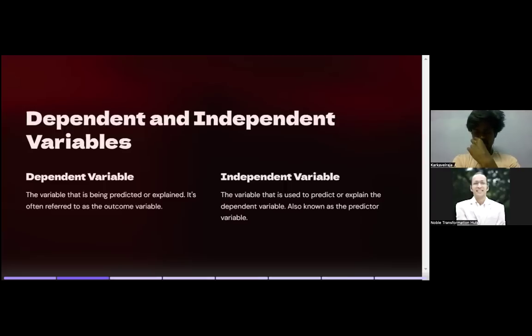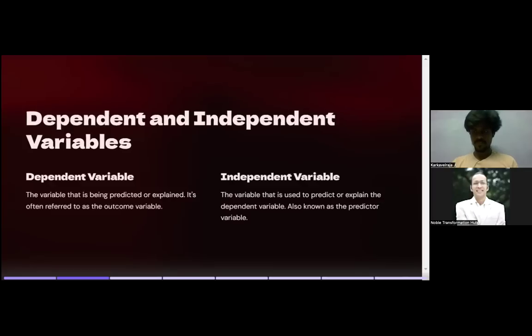That is the main difference between dependent and independent variables. From the name you can understand it, and that is why they chose the names dependent and independent variable.